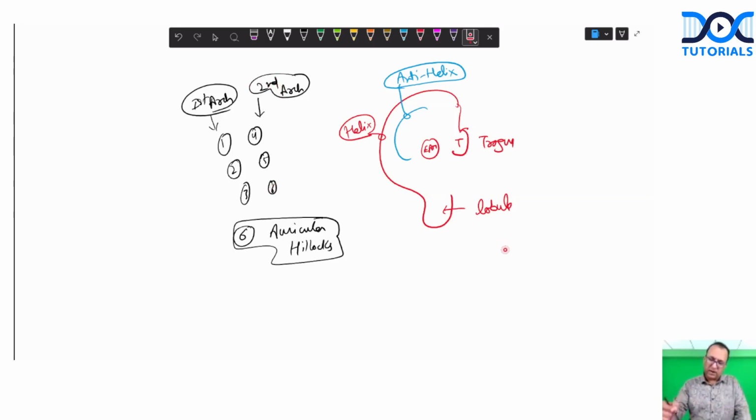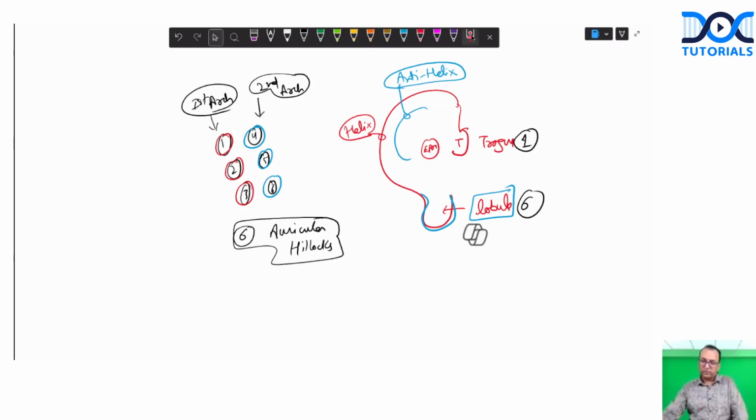Let me give a color differentiation, that will be better. First arch, let me use the red color. Second arch, let me use the blue color. And then I have to change this lobule and antihelix. So the tragus comes from the first auricular hillock and the lobule comes from the sixth.